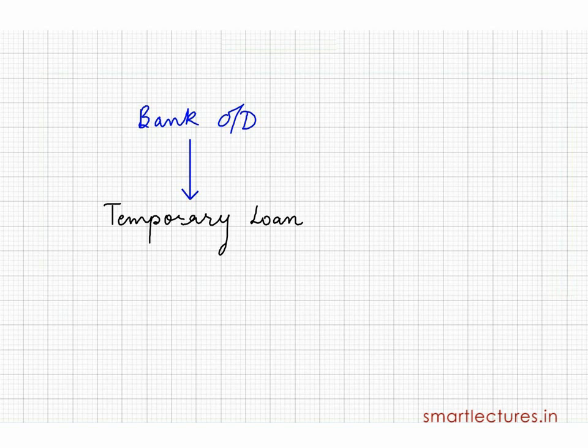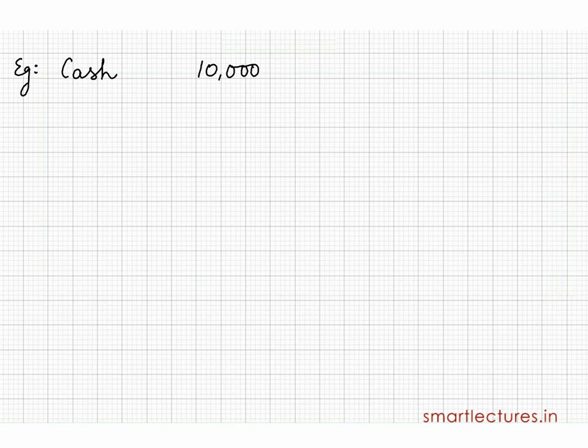And at this stage, I can say that CC, I mean to say cash credit, is almost the same thing. One example. Suppose on 1st January 2010, you have got hard cash in your box, that is 10,000 rupees, and you have got bank balance of rupees 20,000 in a bank in your current account. You know, if you are running some business, you have to open the current account.